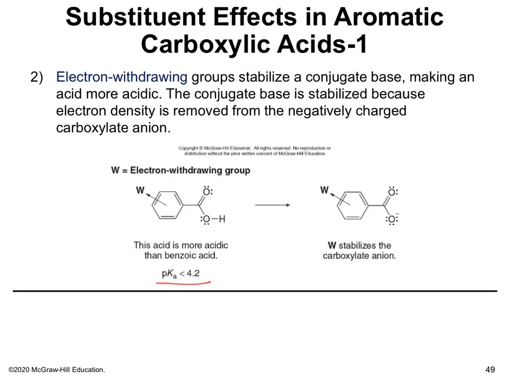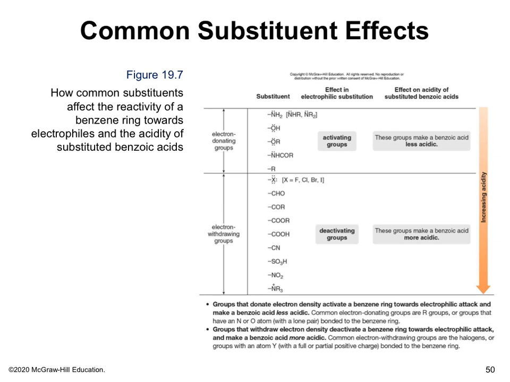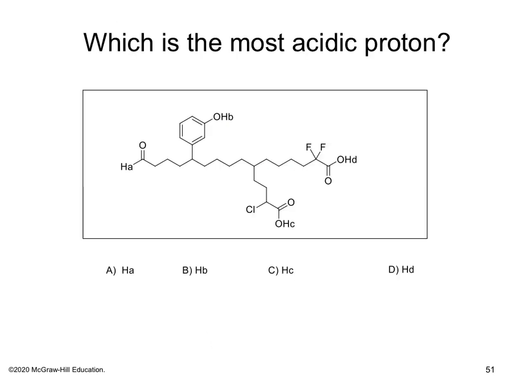And so electron withdrawing groups are going to make this benzoic acid even more acidic. And so you know these activating groups, these are electron donating groups, but these electron withdrawing groups are the ones that are going to make the benzoic acid more acidic.